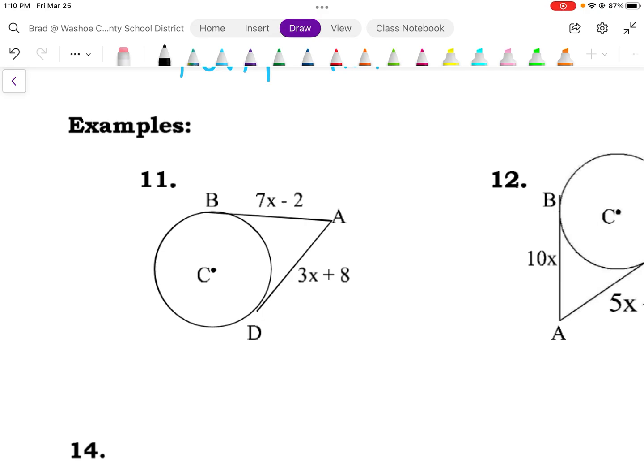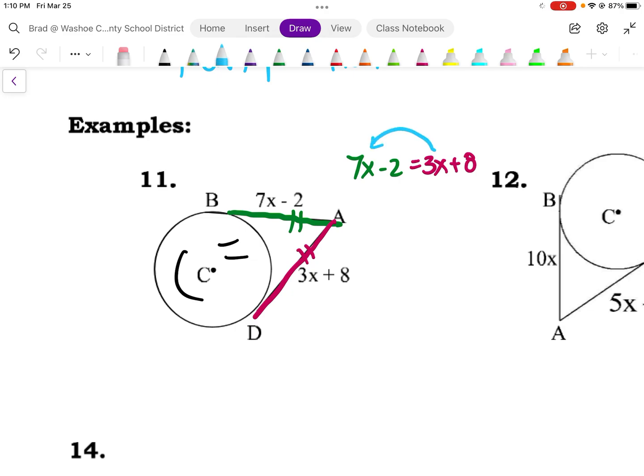So number 11, we have a party hat situation here. So look at this. Even if I draw it in, that C becomes the nose. That's pretty perfect right there. So this part is going to be congruent to this part right here. So 7x minus 2 is going to be equal to 3x plus 8. So if I move that over, minus 3x, I'm going to get 4x minus 2 is equal to 8.